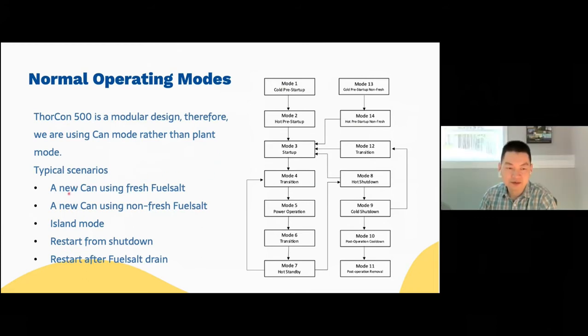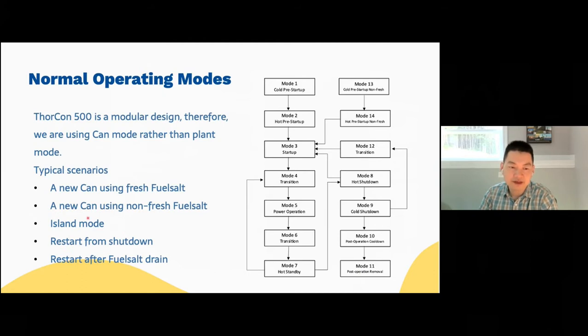So, for example, if we have a new can coming to the power plant and it's going to use the fresh fuel salt, it will go through mode 1 all the way to 7, 8, 9, 10, and 11. So this will be the pathway.